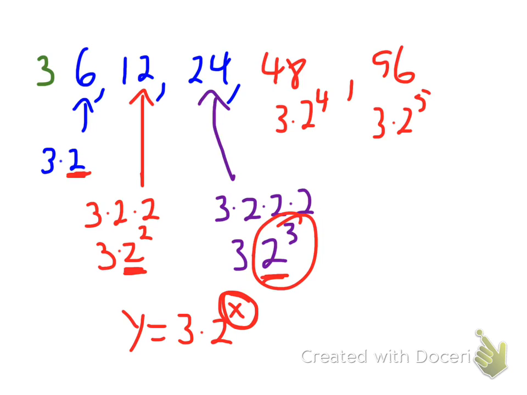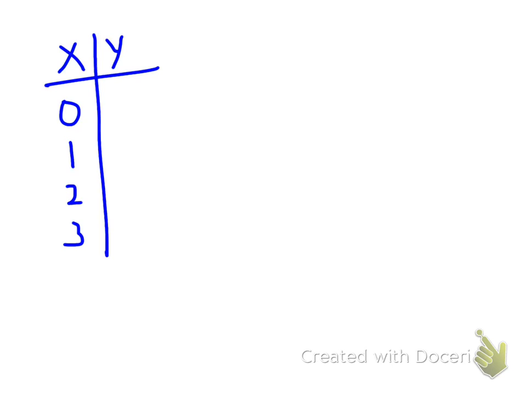So how that ties in with some of the things we did in chapter 7 was if I have a table. And let's say I have the numbers 5 and then 15 and then 45. I can figure out what my multiplier is, because 5 times my multiplier gives me 15.